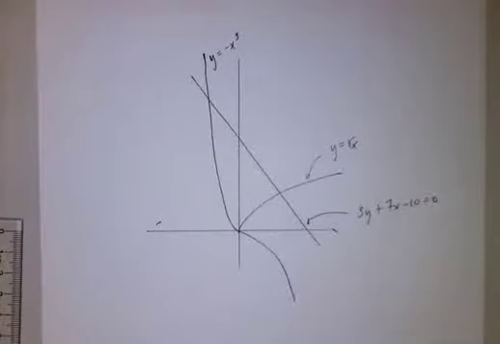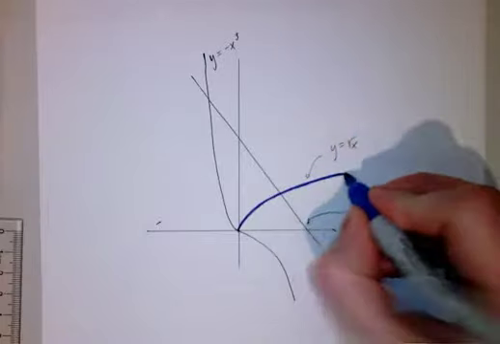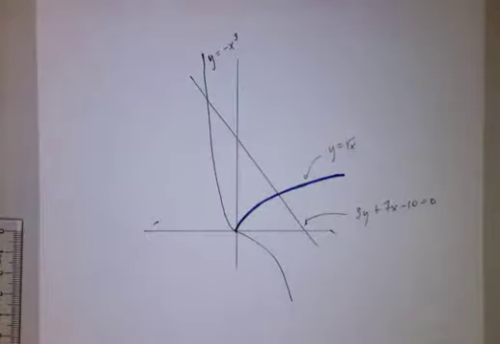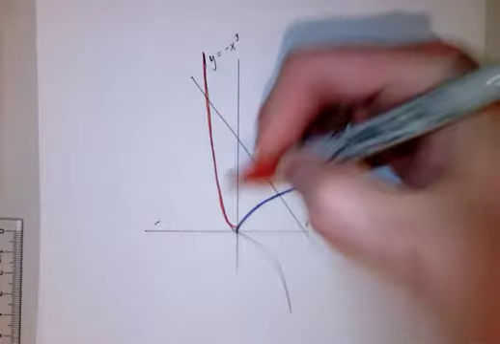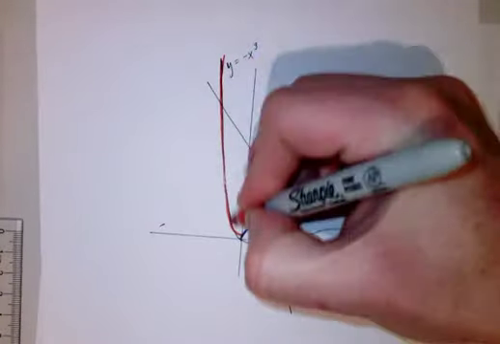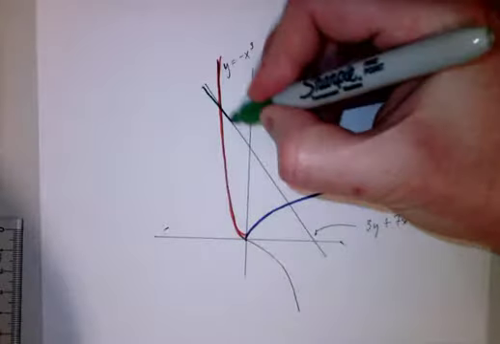Now, here's the thing. This right here is one function. This right here is another function. That's the negative x cubed, okay? And this right here, this linear, is a third function.